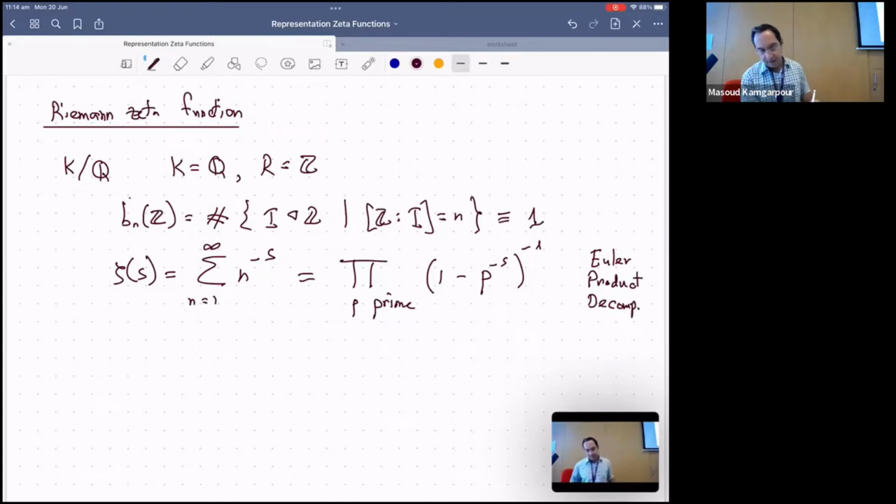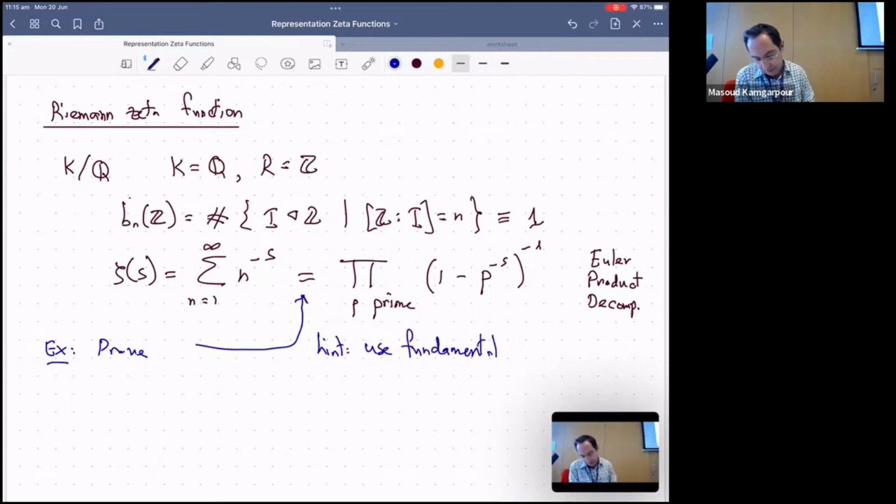If you haven't seen it before, it's a nice exercise: prove this. And you might find the fundamental theorem of arithmetic handy here. So, hint: use the fundamental theorem of arithmetic. How many of you have seen this? Okay, great.